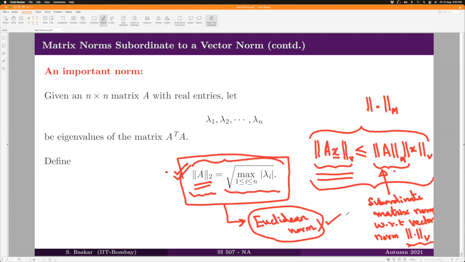Although it is physically realistic, we look for some alternate vector norm and its corresponding subordinate norm, which can be computed more easily than this one. This is also one reason why we have introduced many other norms for vectors other than the Euclidean norm. We will precisely define what is meant by subordinate norms and discuss its properties in the next class.